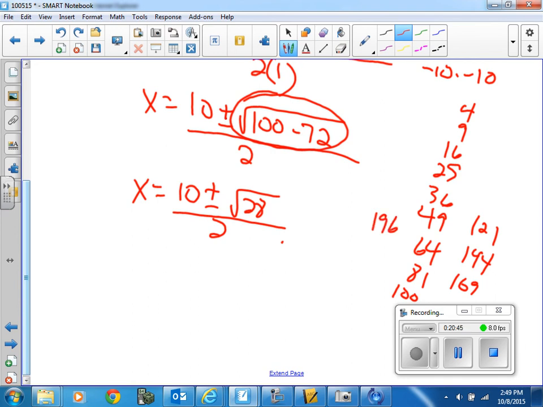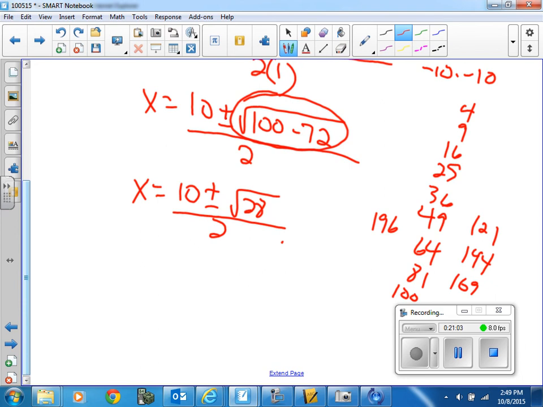That one might be wrong off the top of my head, but the ones you really need to know are pretty much up to, I don't know. Yeah, maybe you do need to know up there. All right, but anyway, 28 is not a perfect square.